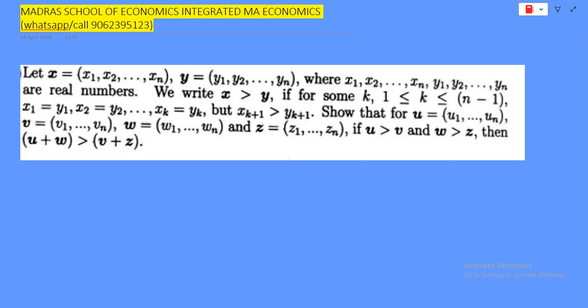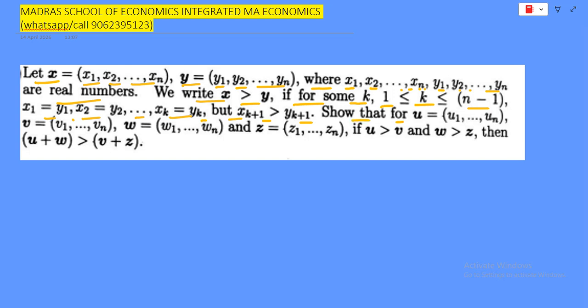So look at the screen first. The question is basically saying: let x equal to x1, x2, and this goes up to xn, and y is y1, y2, up to yn, where x1, x2, ..., xn, y1, y2, ..., yn are real numbers, and we write x greater than y if for some k, 1 less than or equal to k less than or equal to n minus 1, x1 is y1, x2 is y2, and xk is yk, but xk plus 1 is greater than yk plus 1.